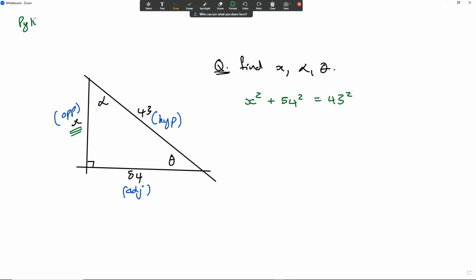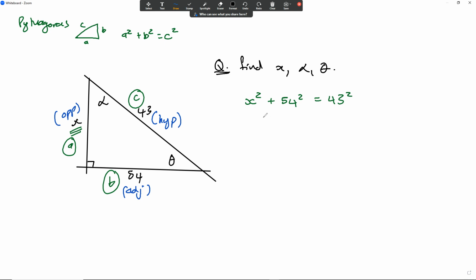So just a quick recap on what Pythagoras theorem is: if you have a right angle triangle, you've got A, B, and C, then A squared plus B squared will equal C squared. And that's basically what we did over here, where this is A, and this is B, and this is C. And so we then substitute that into here for A, B, C, and from that we solve for x now.